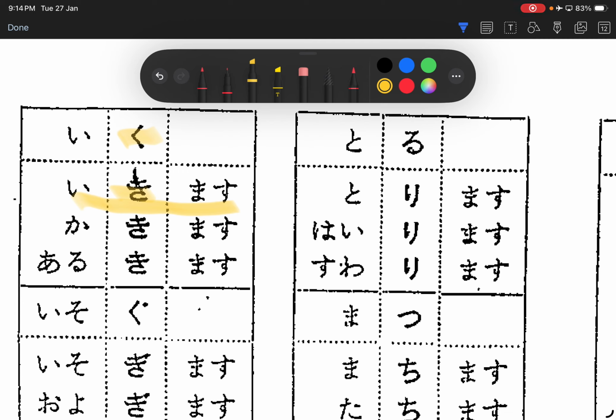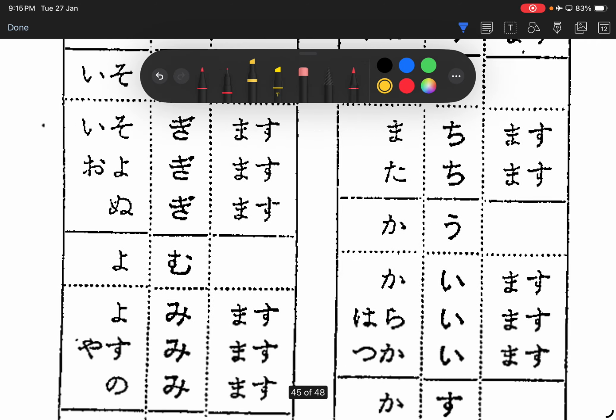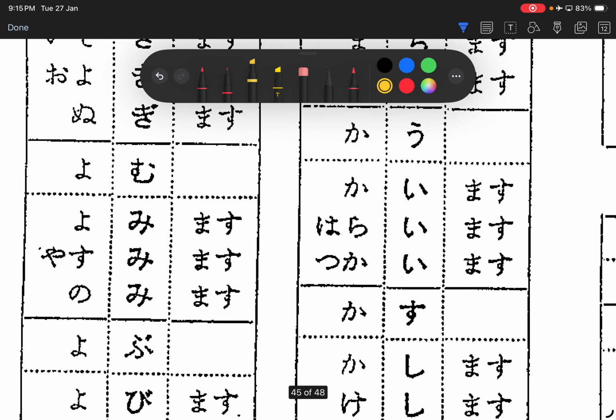So this is the dictionary form. Next one, 急ぎます, 急ぐ. So ぎ changes to ぐ. 泳ぎます, 泳ぐ; 脱ぎます, 脱ぐ. Very simple, ぎ just changes to ぐ. Next one we have 読みます.